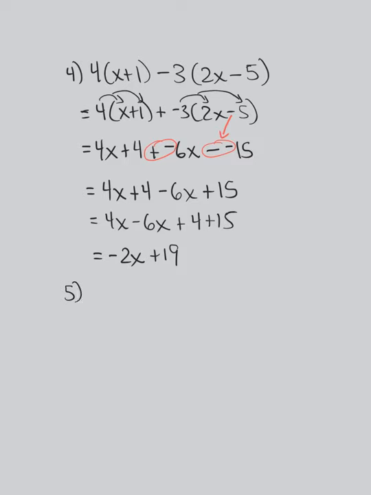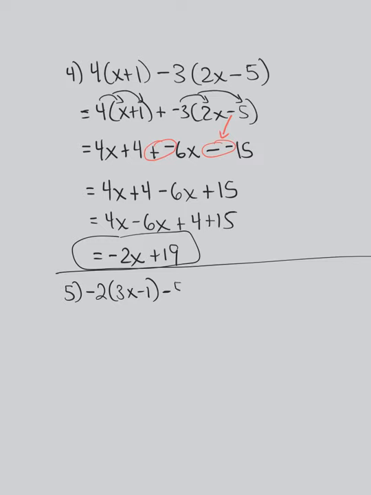Okay, so here's my answer on problem 4. And on problem 5, let's say I have negative 2 times 3x minus 1 minus 5 times 2x minus 3. Okay, here we go.